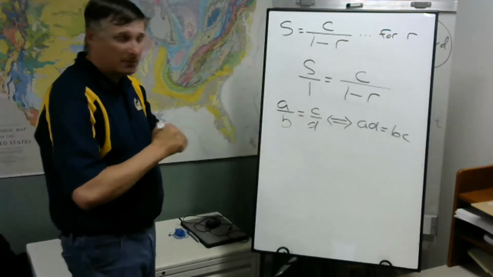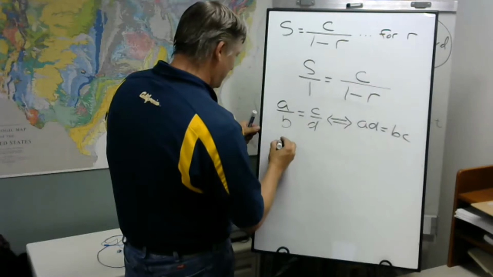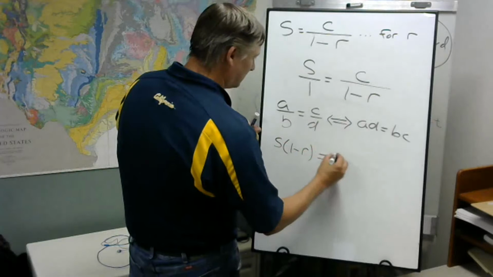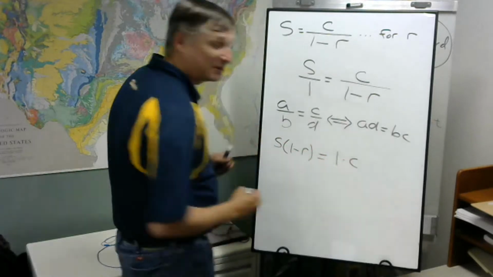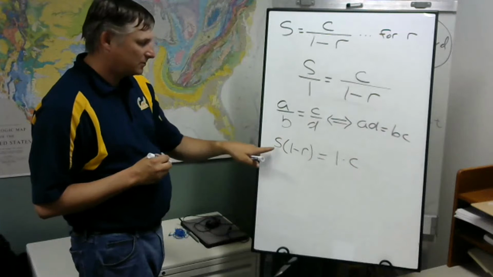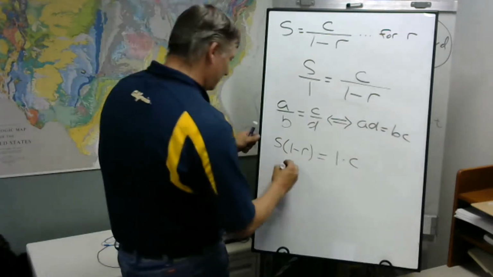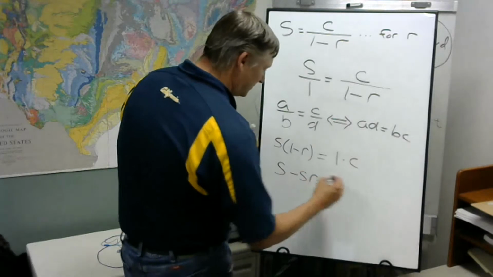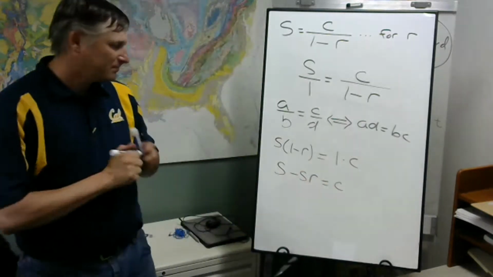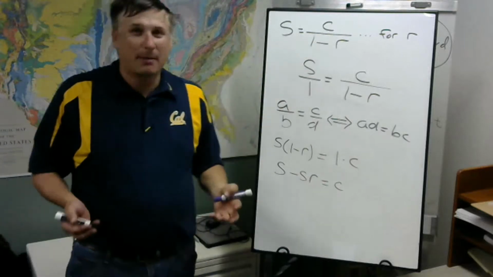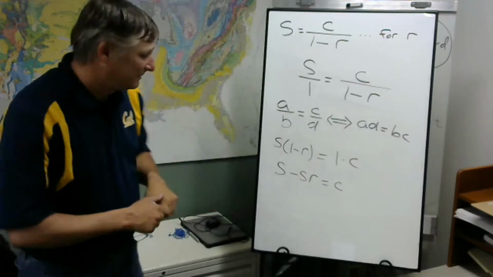So that means for our problem, S times (1 minus R) equals 1 times C. Or we can distribute this S here. We'll get S minus S times R equals C. Now we got to solve for R, and since we got R out of this denominator, it's going to be much easier.